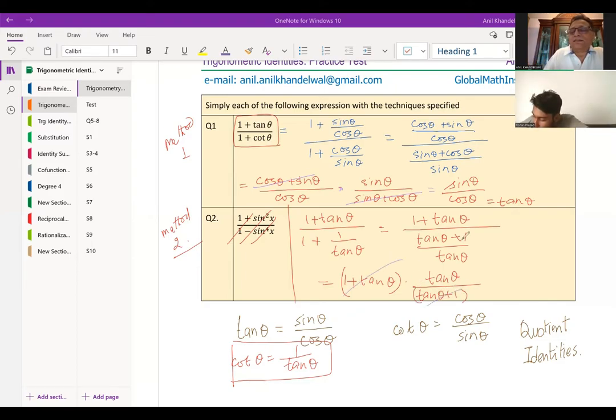Now I can cancel these and get my result, which is equal to tan theta. Do you see that? Yes, sir. So within much fewer steps, without even getting into the quotient identities, I could simplify this expression as equivalent to tan theta. Perfect.